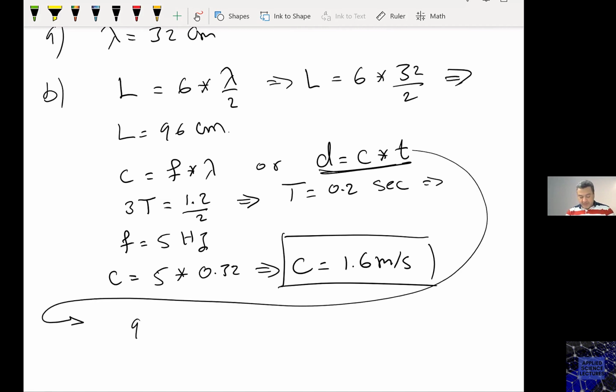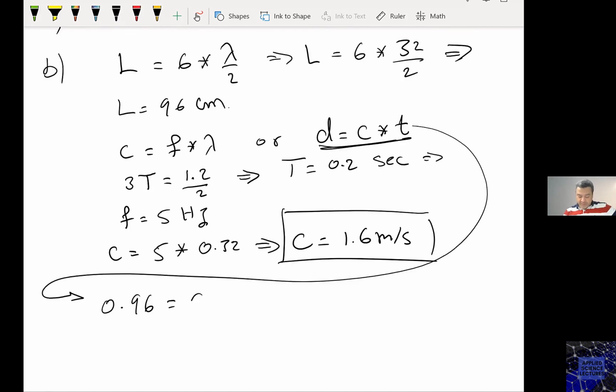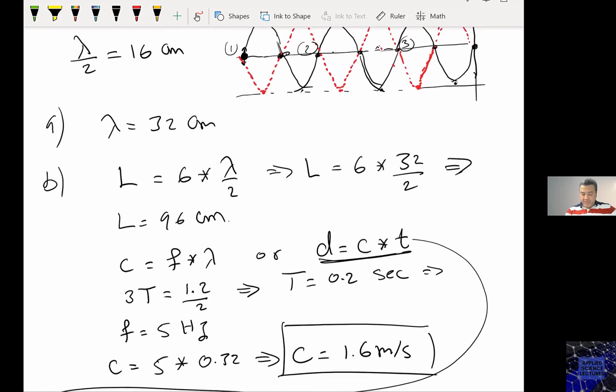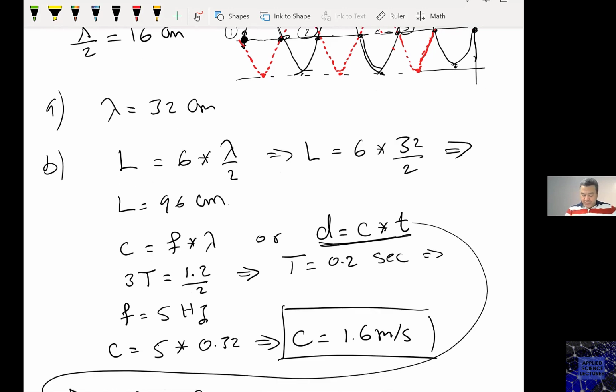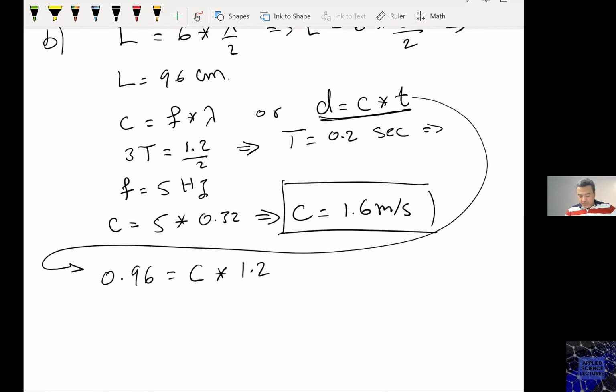I have 0.96 equals, we need the speed, c times t. t is the time it takes for one length of the rope, which is from one end to another. If we have the time from one end to the other end and coming back 1.2, then it would be 1.2 over 2.